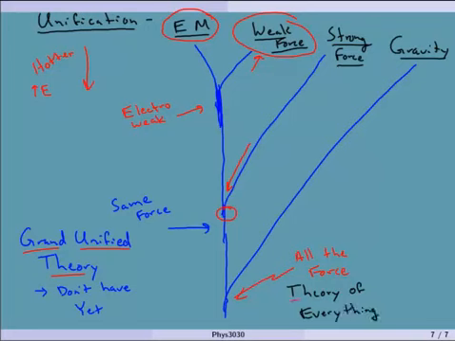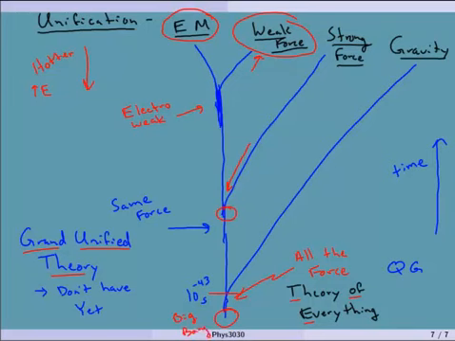TOE is not the best name for a theory of everything, I guess. And this is something that we don't see. This is supposed to happen at that 10 to the negative 43 seconds, way back in time, and we don't really know what this would be like. This would again be in the realm of quantum gravity. Okay, and the idea is that time, of course, goes this way. This is time, and as the Big Bang happens down here, this is the Big Bang.